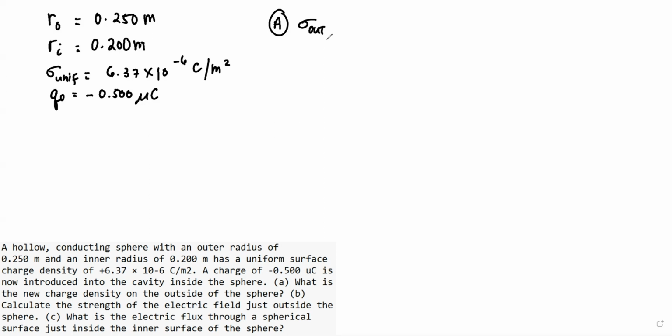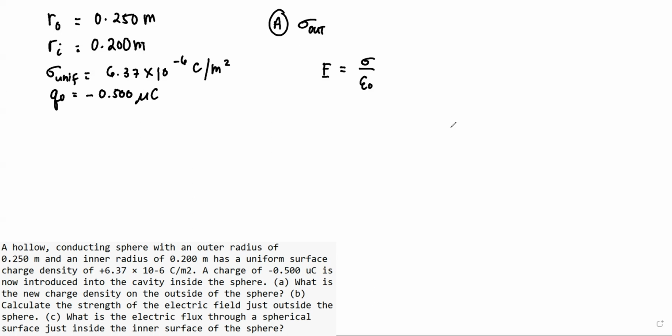Think of an equation wherein we could use or we could see surface charge density. One of the equations that we could use is your electric field is equal to your surface charge divided by your epsilon naught. This is actually quite similar to your electric flux is equal to enclosed charge divided by your epsilon naught.